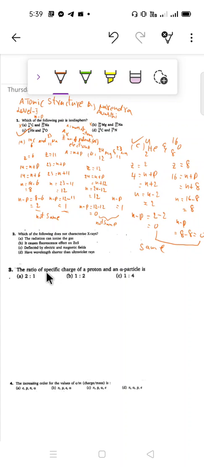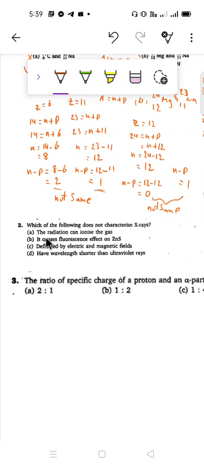In the same way, look into another problem. Which of the following is not a characteristic of X-rays? Let us focus on the first one: the radiation can ionize the gas. It is correct, X-rays can ionize the gas. Next, it causes a fluorescence effect on the ZnS screen. It is also correct, as the ZnS screen shows spots or colors.